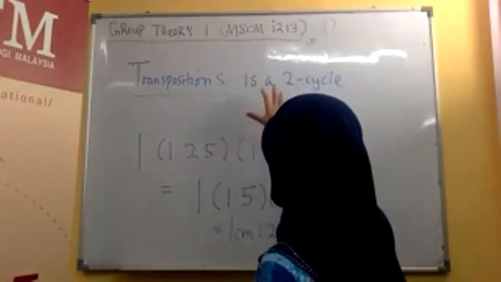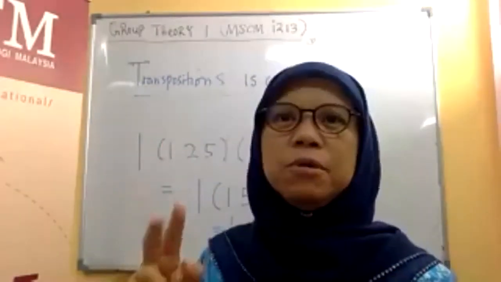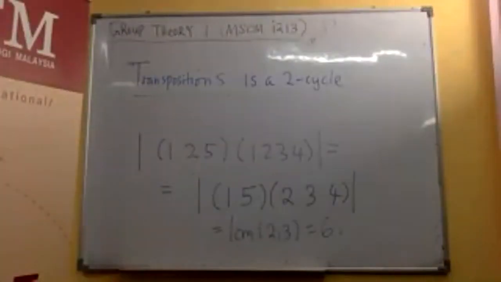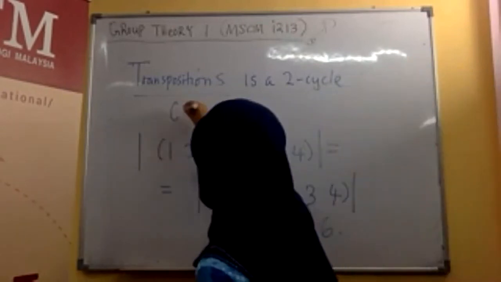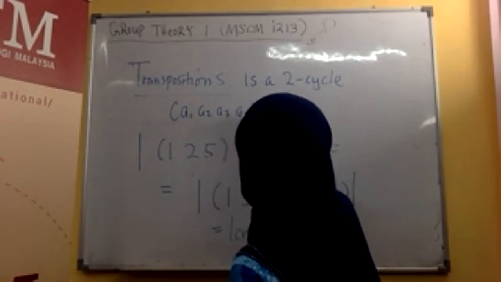Anyway, a transposition is a 2 cycle and every permutation can be written as a product of 2 cycles. Like (a1, a2, a3, a4).